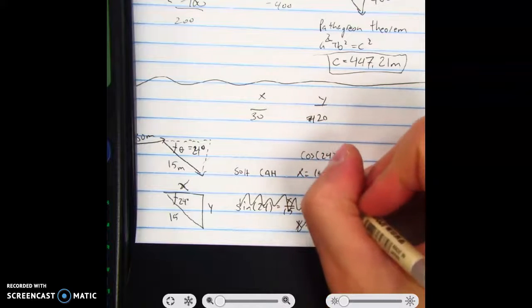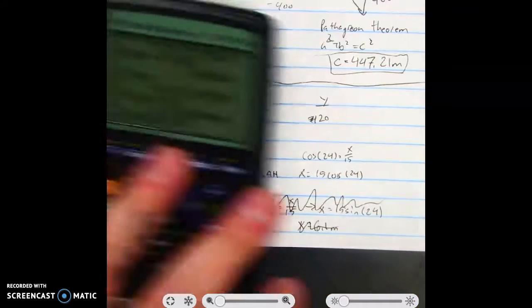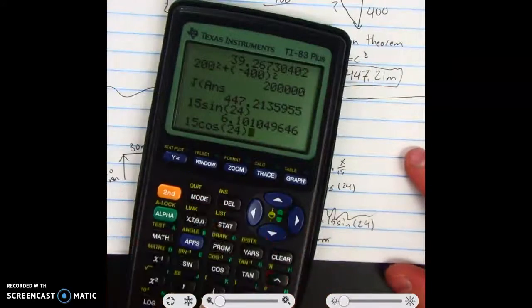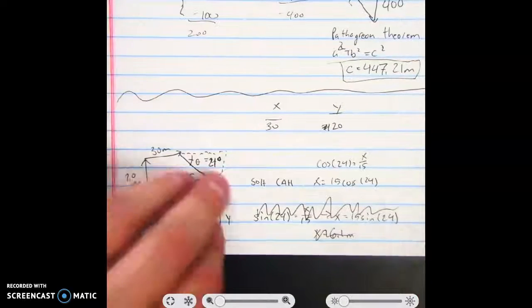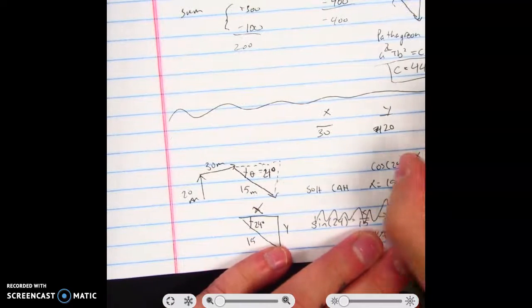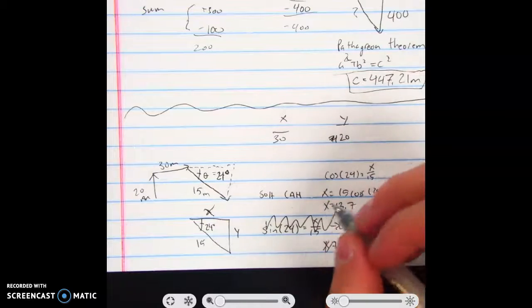X is equal to 15 cosine 24. So we get 13.7. And if we run this all back with the y-axis, we get that 6.1.